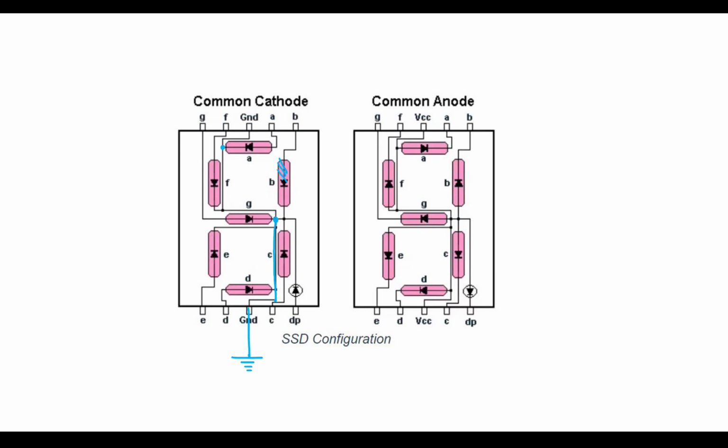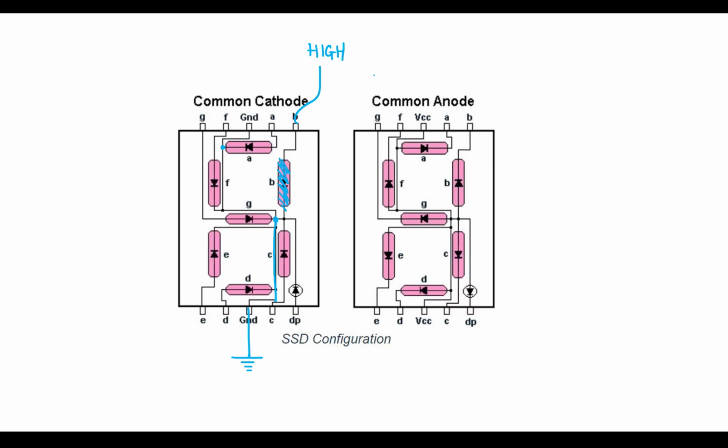For example, if I want this segment to glow, that means to the B terminal I should give a binary value 1. So what we have discussed earlier in terms of the truth table and the function is all applicable to this common cathode kind of SSD. In a common cathode 7-segment display, if you want a particular LED to glow, you need to give it a high input.